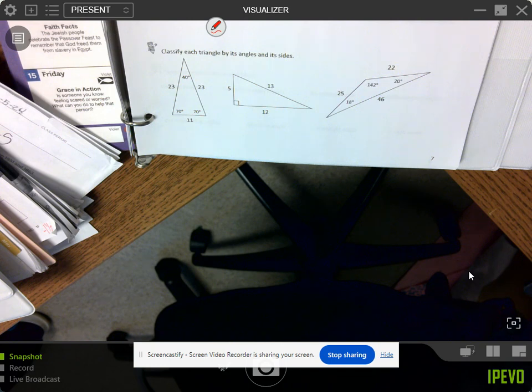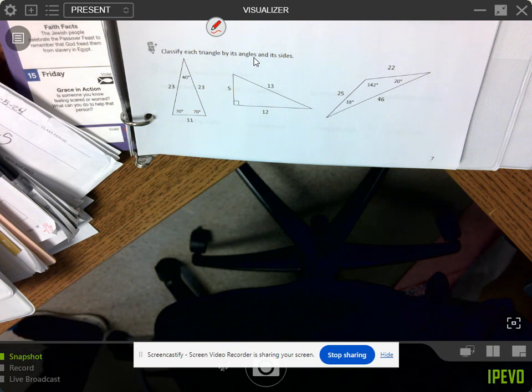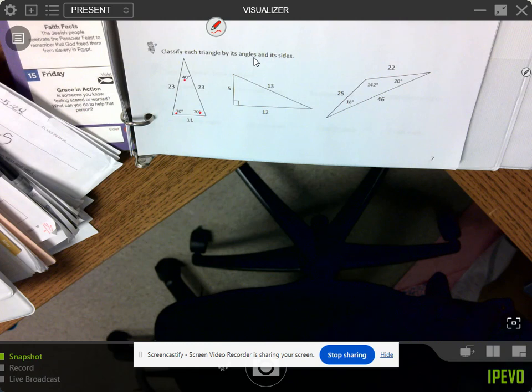It says classify by angles and sides, so let's start with angles. Which type of angle triangle is that? Acute, right, obtuse, or equiangular? Lilia? Acute. All three angles are smaller than 90 degrees.